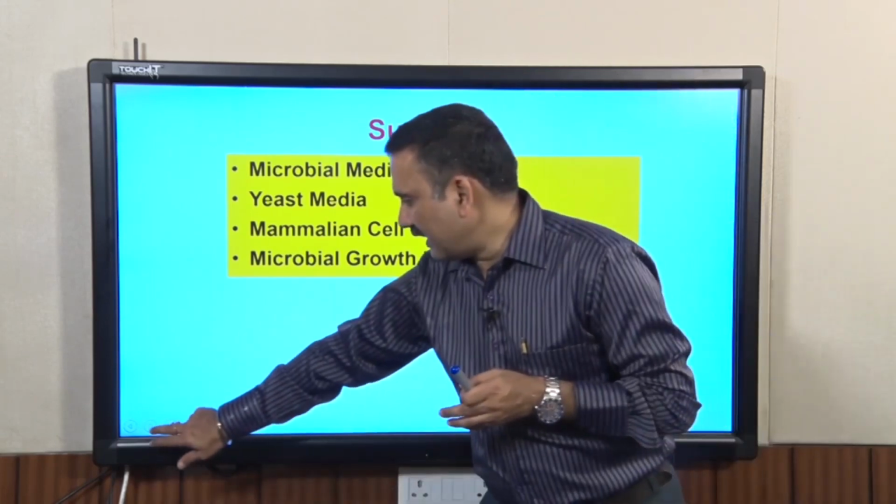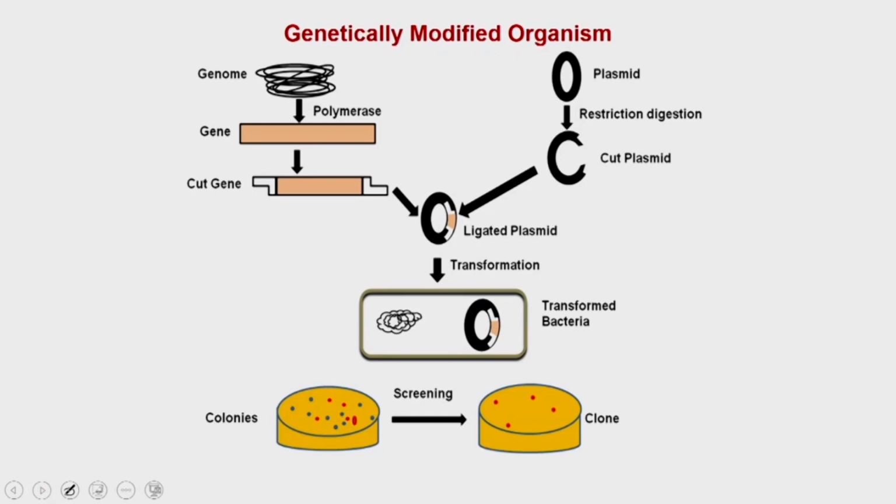In the scheme, once you have an organism from which you want to isolate the gene, you isolate the gene and do a restriction digestion of it. Similarly, you have the transforming agent, the vector, and you do a digestion with a similar restriction enzyme combination.